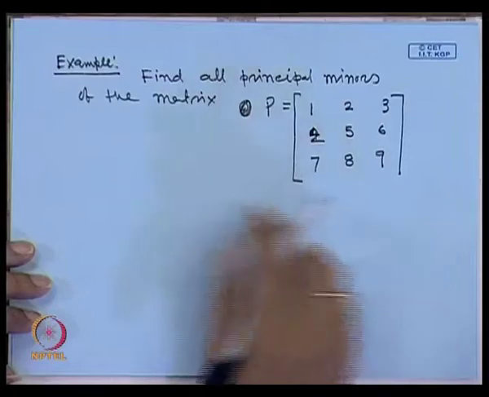But when you find the principal minors, it is not necessary that P should be a symmetric matrix. When you check whether the matrix is positive semi-definite or not, even if it is not symmetric, I can always convert it into a symmetric matrix, which I told by definition, P plus P transpose by 2.